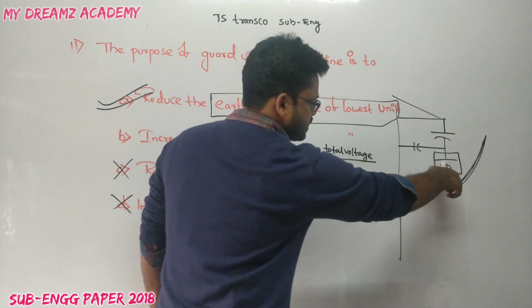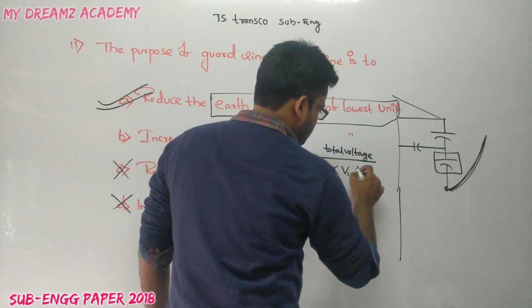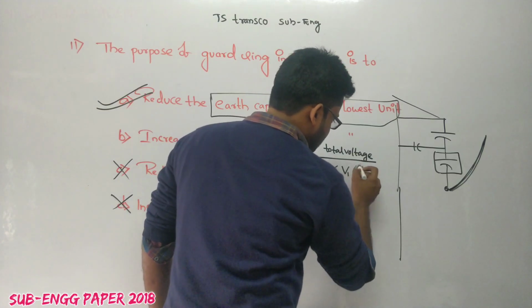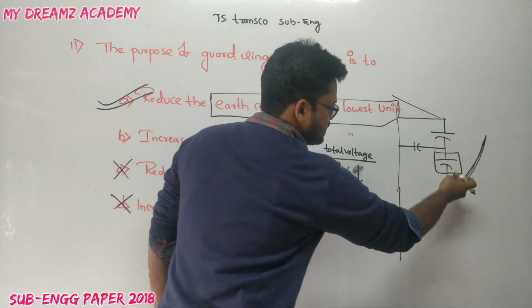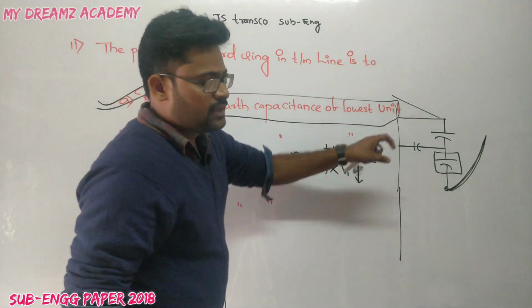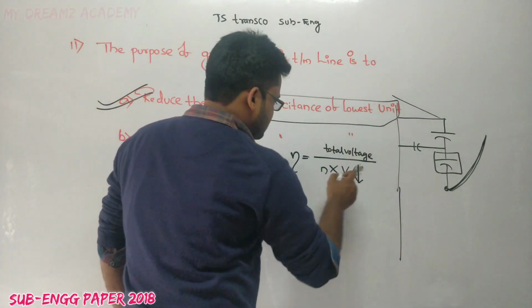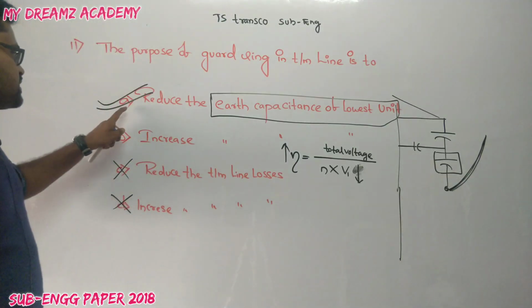If we reduce the capacitor of this unit, the voltage across this one will decrease. Actually, the voltage across this one is highest among all the voltages present in the discs. So voltage will decrease, so that string efficiency will increase. So answer is option A.